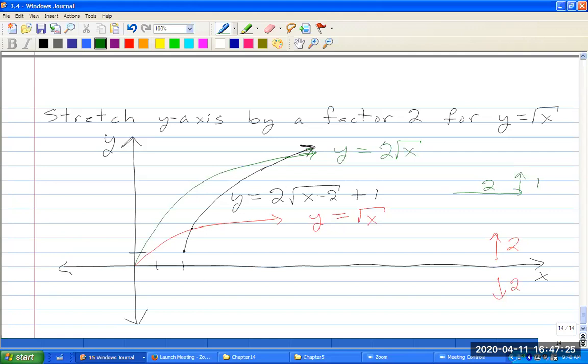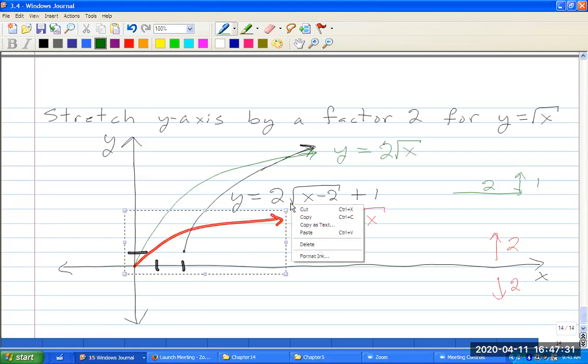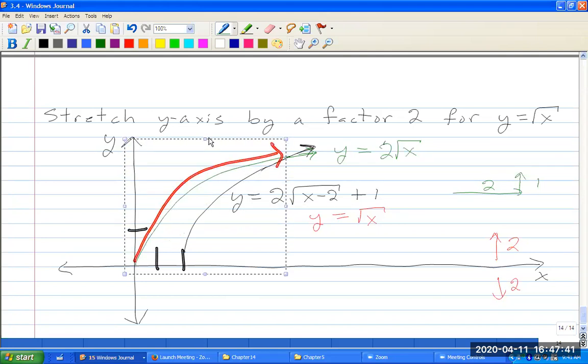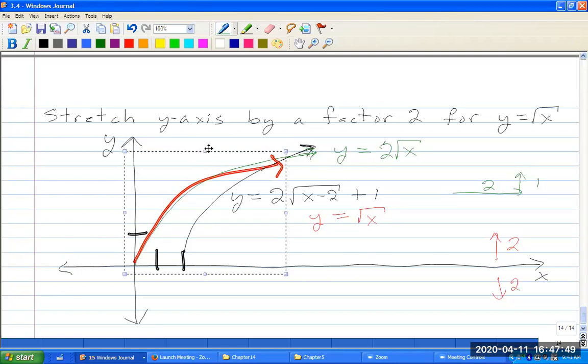Oh, and actually I could have thought of this red guy. What I would have done, of course I'm going to have to undo it, is I actually double this in size. Voila. So it looks like this other guy. So I just took the graph of it and I just doubled it and stretched it by a factor of 2.